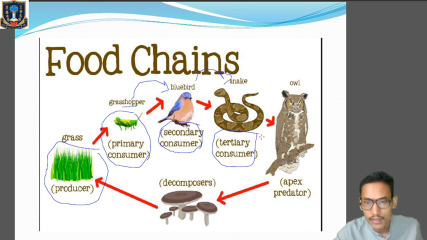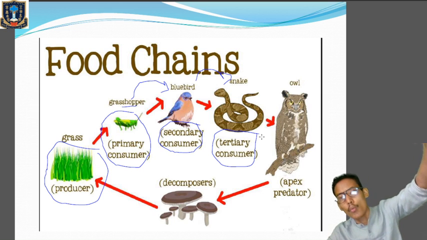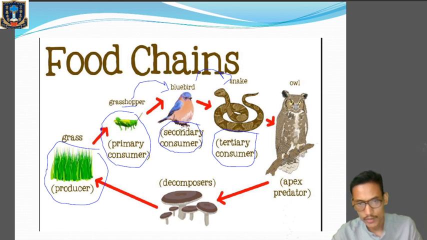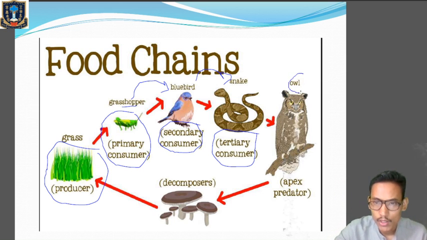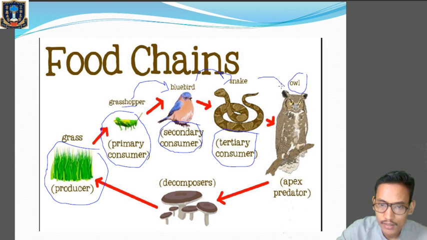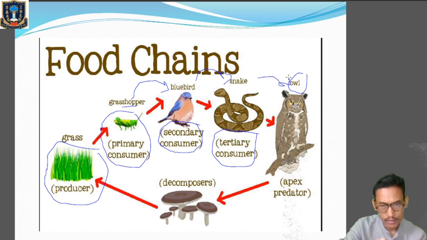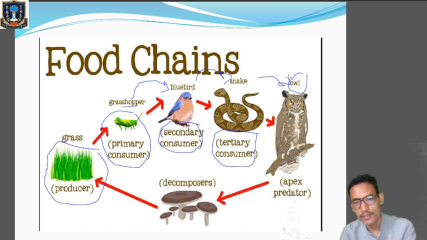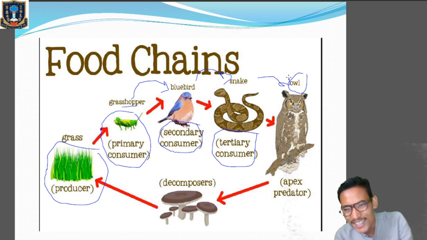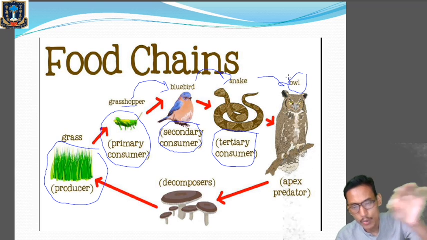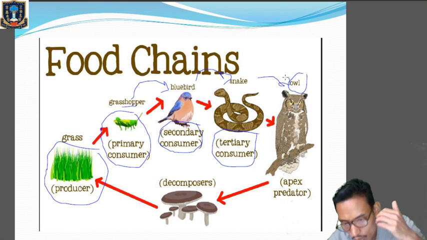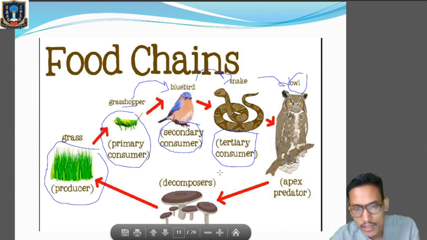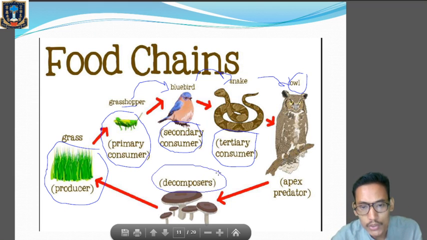Okay, then at the top we have got the apex predator. Okay, then you can see the owl over here which feeds upon the snake. Clear? And when these particular organisms die, let's say when the apex predator dies, it will go into the ground, and on the ground it will be decomposed with the help of decomposers.